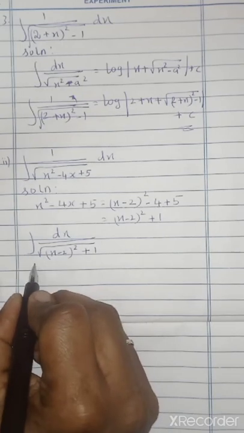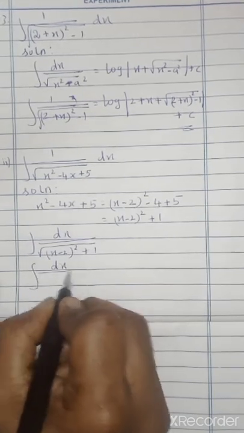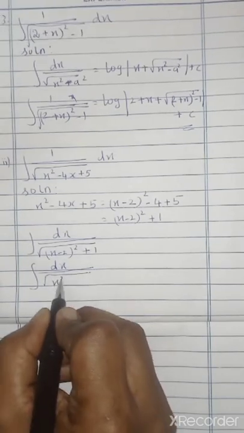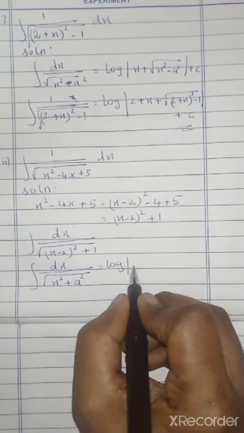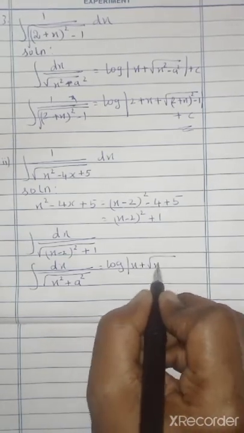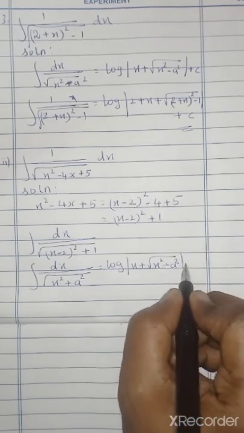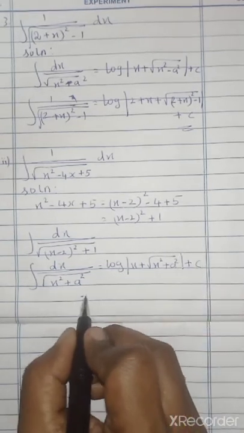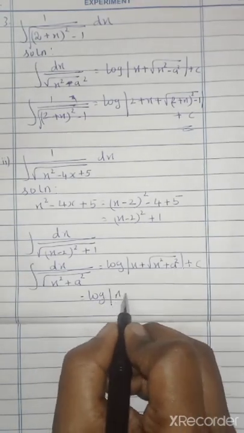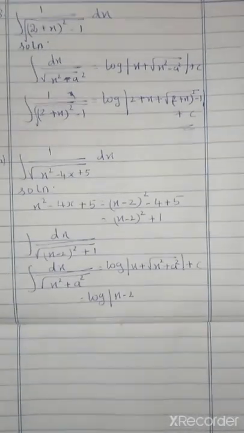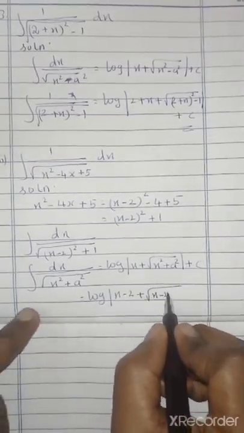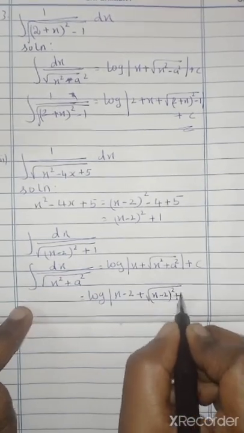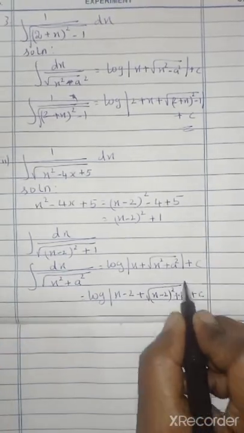Which formula we can use now? Integral dx by square root of x square plus a square equal to log of x plus square root of x square plus a square plus c, that is equal to log x minus 2 plus square root of x minus 2 the whole square plus 1 plus c is the final answer.